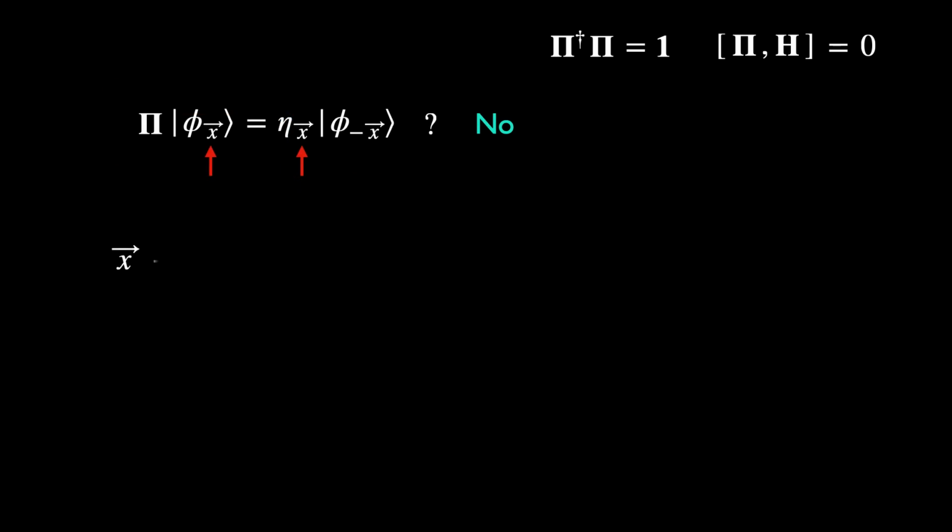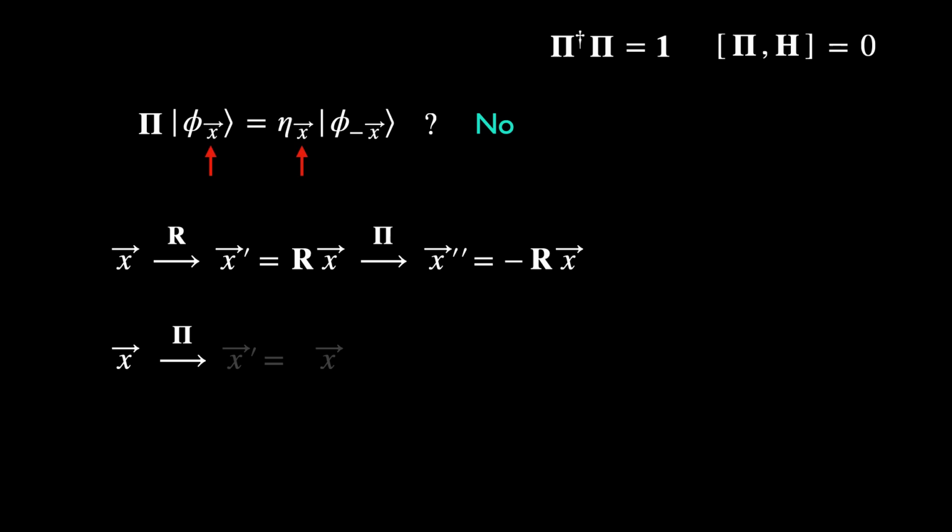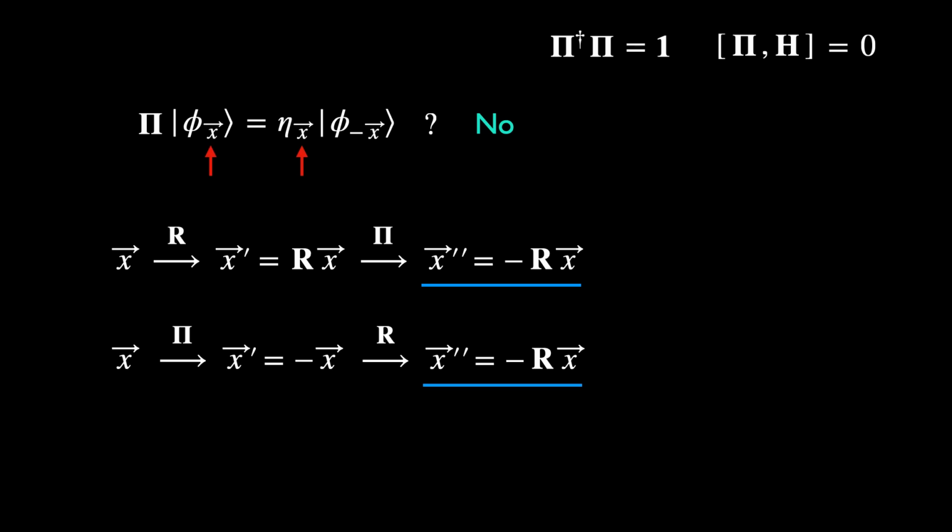It is easy to see that any rotation commutes with the parity transformation. This implies that the operator pi commutes with the generator of rotations, J, which is what we have shown earlier.